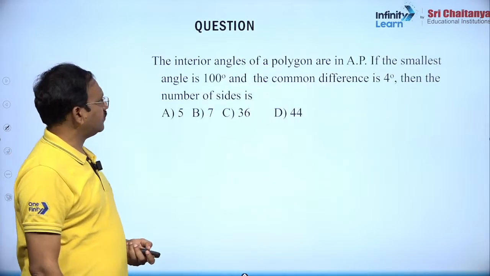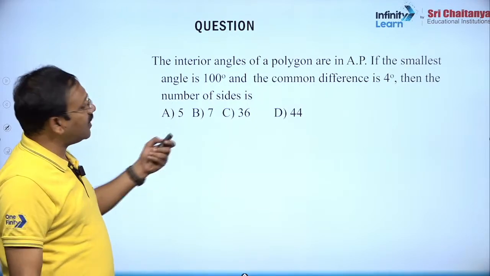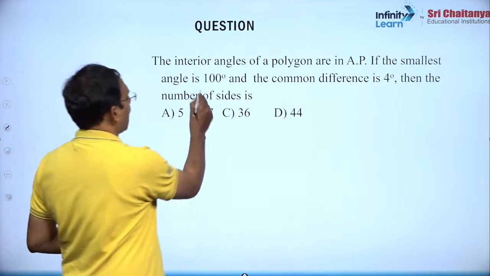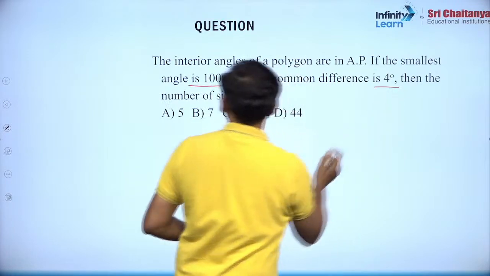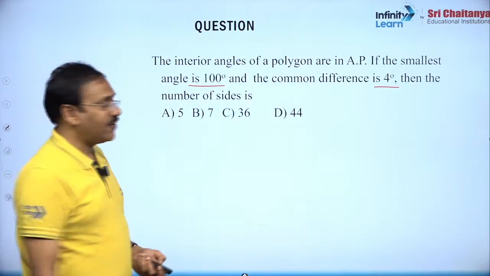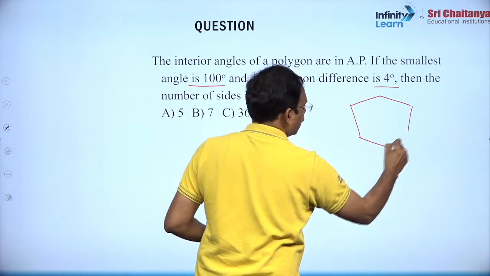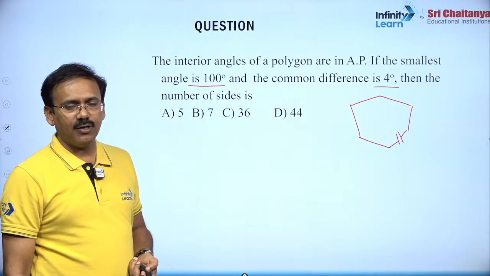Next, you see, this question is an important kind of question. The interior angles of a polygon are in AP. If the smallest angle is 100 degrees and the common difference is 4 degrees, then find the number of sides. My dear friends, I think you know a result related to the sum of angles in a polygon.